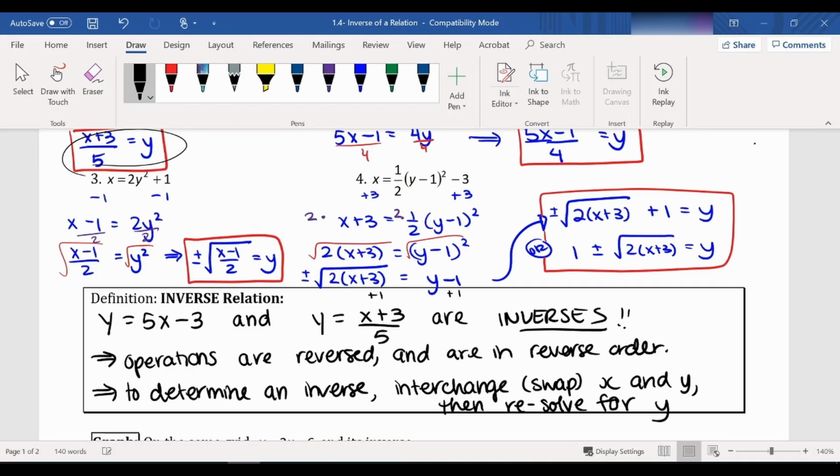Okay. Once we get going, I find that people find it a little bit easier once they've seen a couple examples. Once you get going, it really is quite straightforward here.